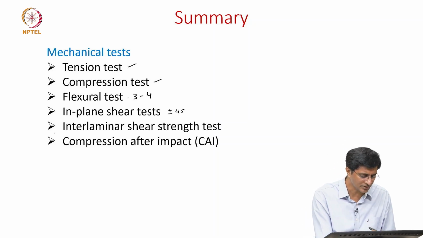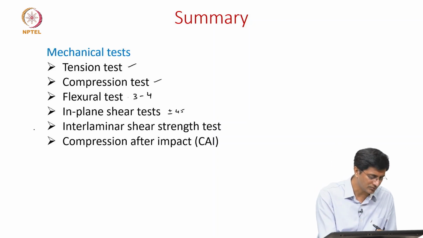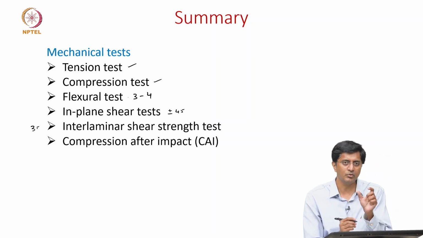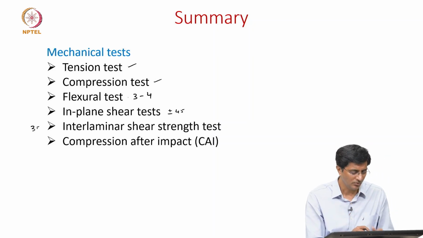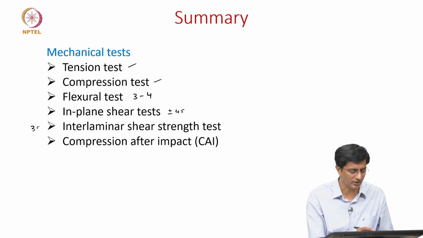And later we also discussed how to find the shear resistance between two laminas which are joined in a laminate. There too we said we will use the 3-point bend test, but we will be using a short beam where the preferred failure is the shear failure or the interlaminar shear failure.